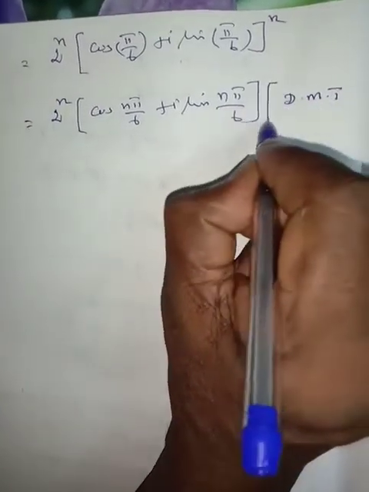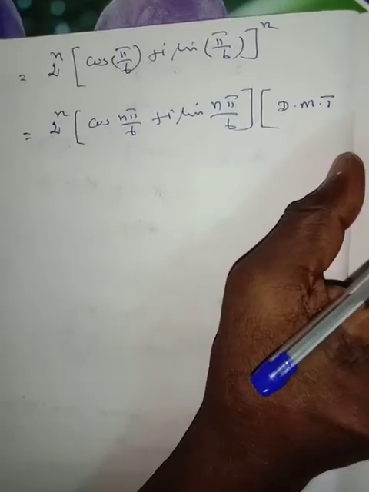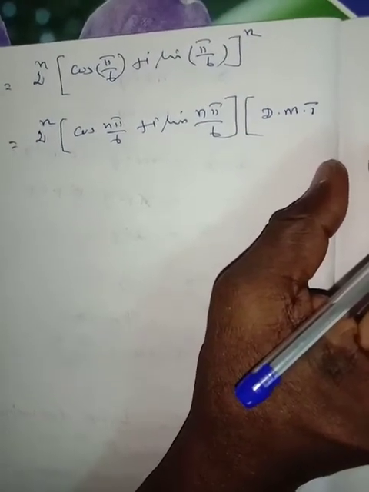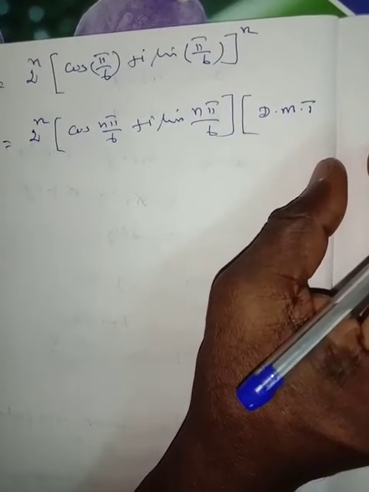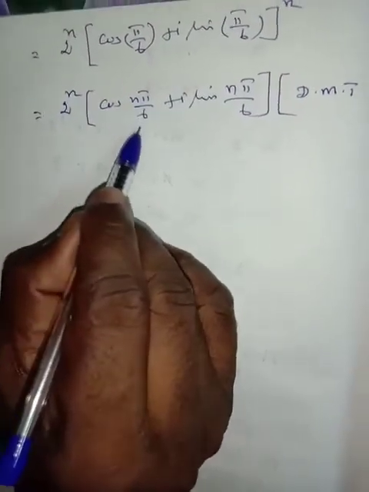Okay. Now 2 to the power of n (cos n pi by 6 plus i sin n pi by 6).